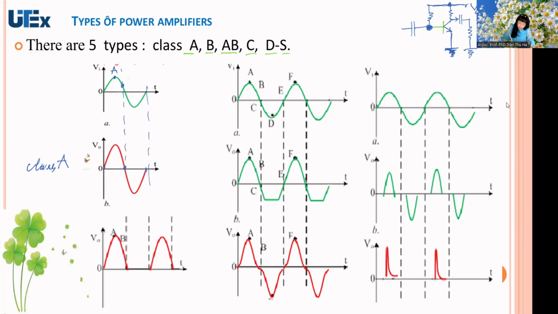This here B, C, D. We have the full A, B, C, D. If the output voltage, you can see here the input is here with the color green, and the output voltage has the full waveform with no distortion, it means this circuit belongs to class A. A is very good, right?